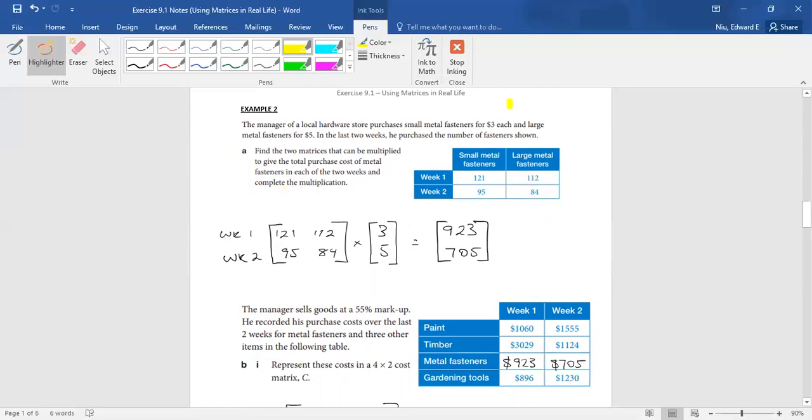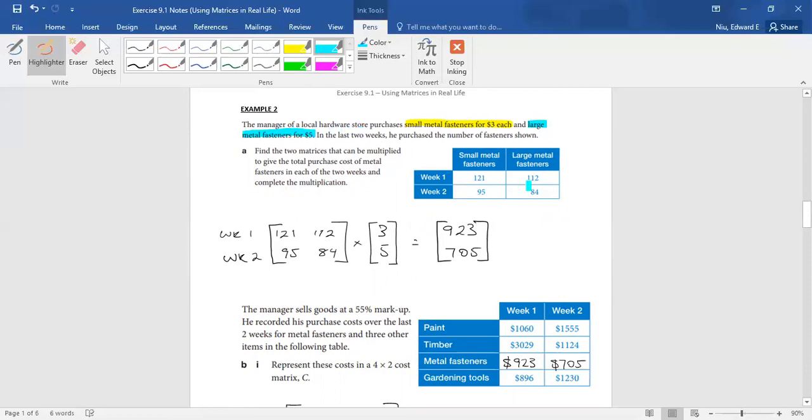So the first piece of critical information we have is small metal fasteners, $3 each, and then large metal fasteners, $5 each.